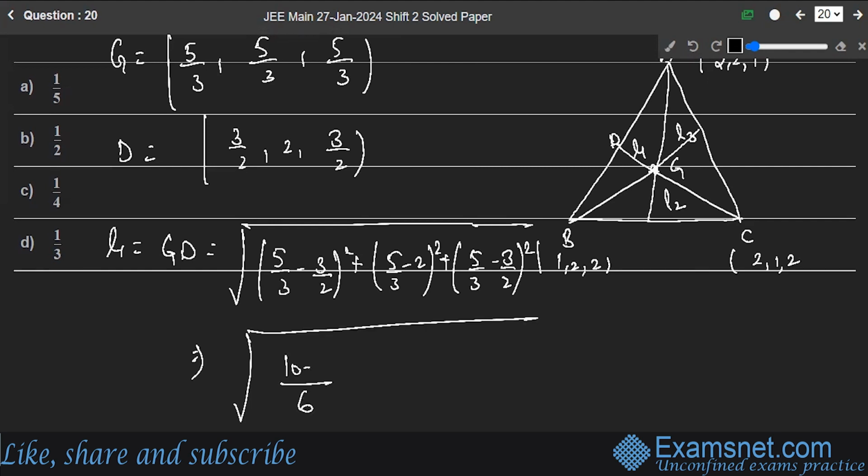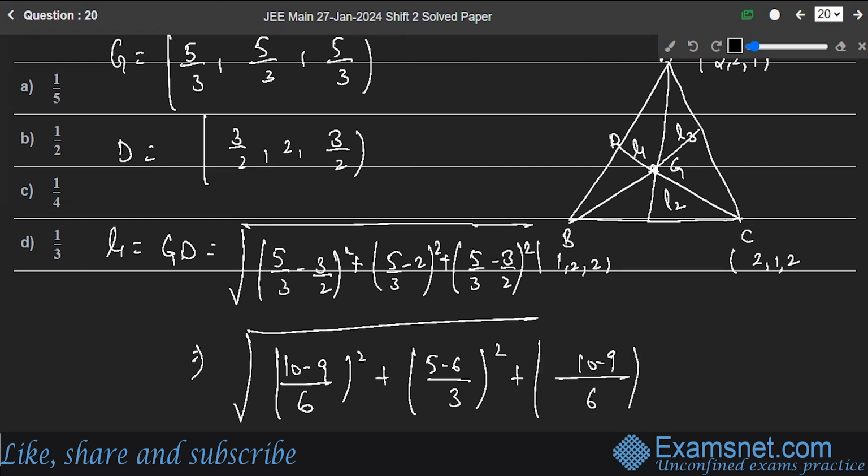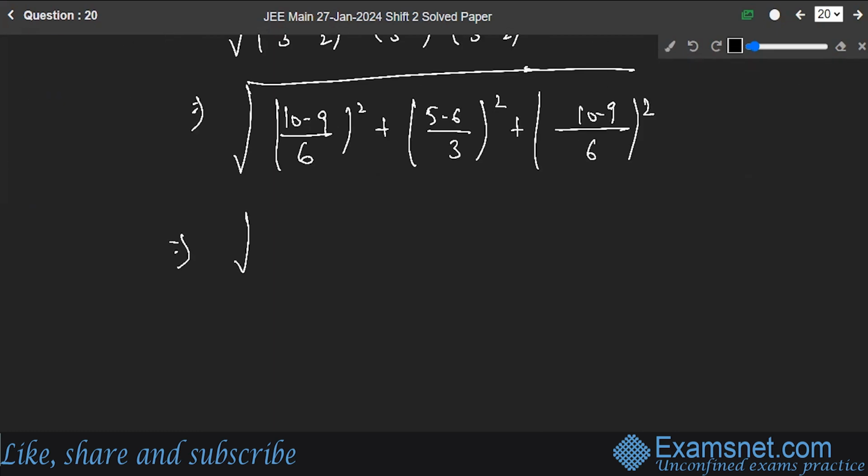This will be (10 minus 9) square, (5 minus 6) square, and the same thing. So this will give me 1 by 36, 1 by 9, 1 by 36. When you solve this whole thing, you will get 1 by root 6 only.